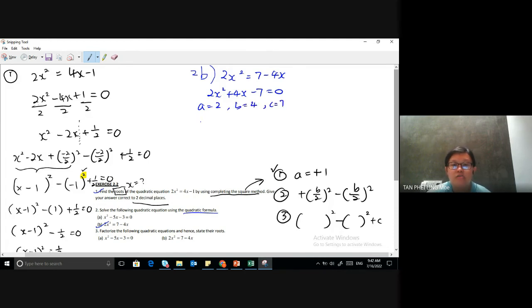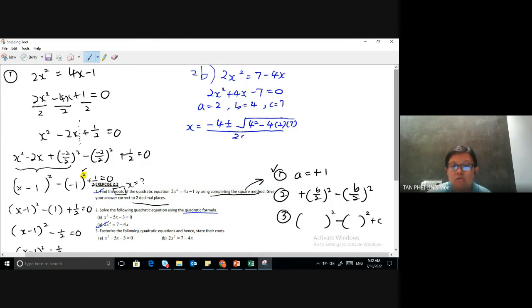So in that case, you have x equals minus b plus minus square root of b squared minus 4ac, over 2a. Sorry, my a is 2. So straight away substitute everything.